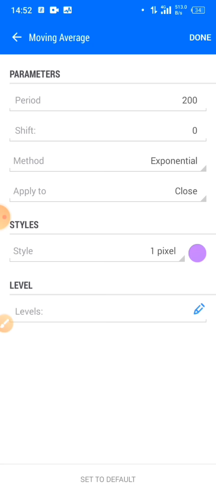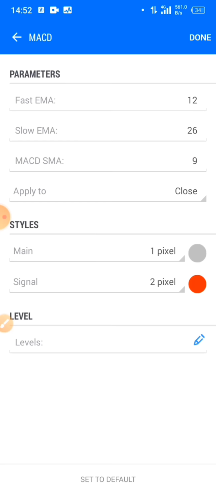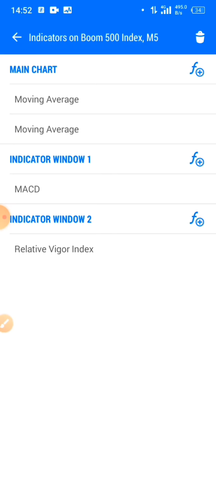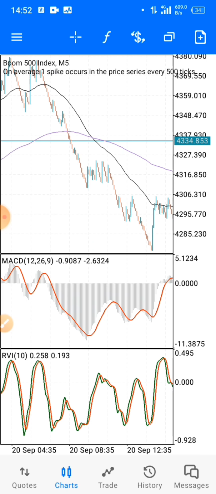Then for the MACD indicator, we are going to be using the default settings 12, 26 and 9. Then for the Relative Vigor Index, we are going to be using period 10. Then click done. So this is what your chart is supposed to look like.